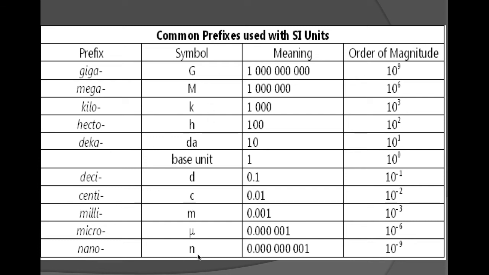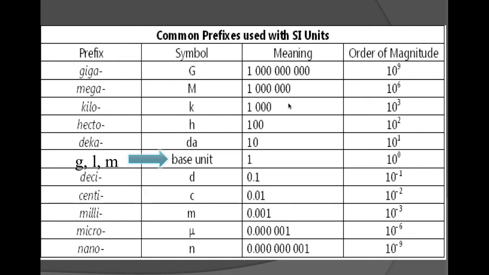There are the symbols for them, and what you'll notice is there's the base unit here, which has grams, liters, and meters. So this is everything in the first place, the order of magnitude for 10 to the 0. That means it's just what it is. Now if you were to take this basic unit and say kilogram, then we know that a kilogram is 10 to the 3, which is equivalent to having 1, 2, 3 zeros.